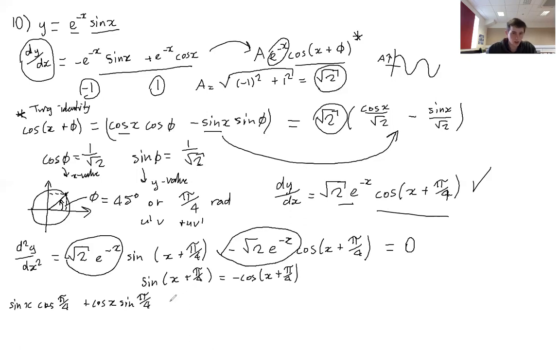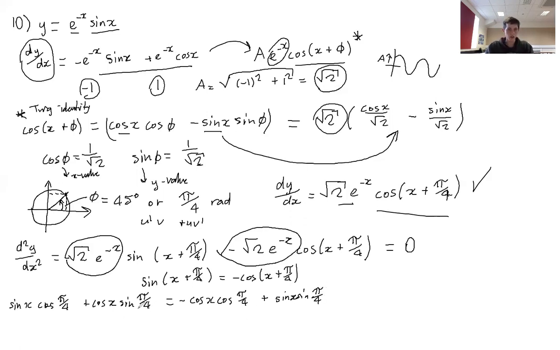And that's going to be equal to this term on the right-hand side, which evaluates to negative cosine x cosine pi on 4 plus sine of x sine of pi on 4.